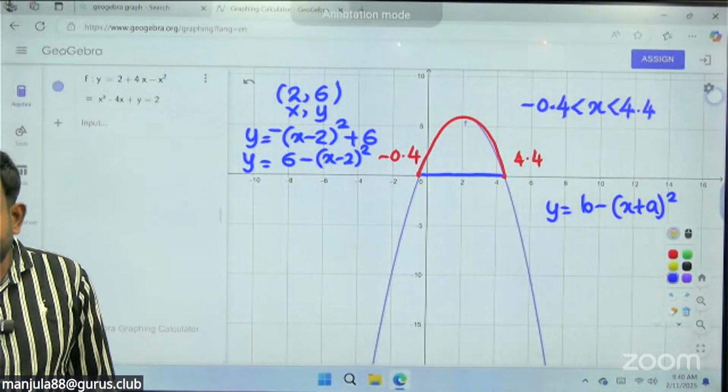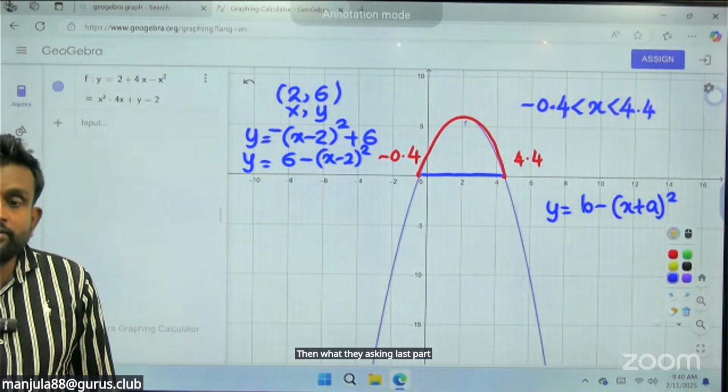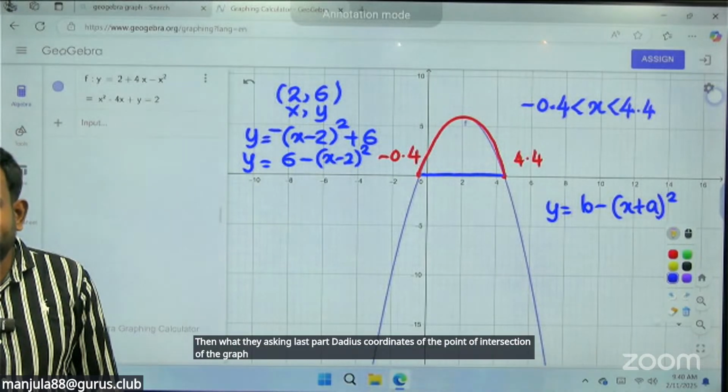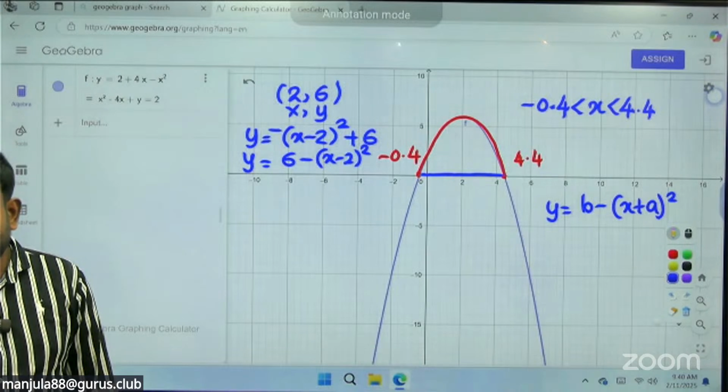Then what are they asking in the last part? Deduce the coordinates of the point of intersection of the graph and the x-axis. Y equals this graph and the x-axis.